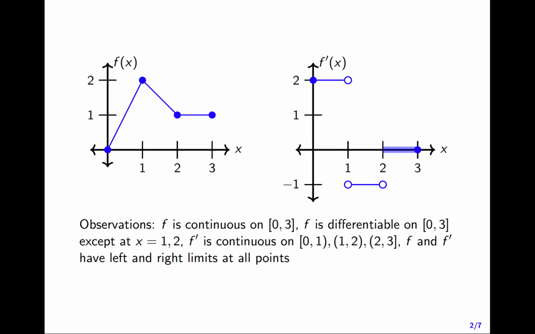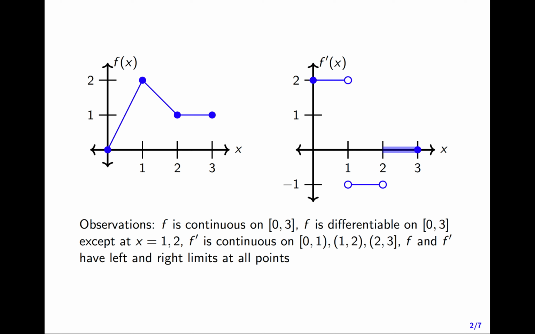f and f prime have left and right limits at all points. So you pick a number between 0 and 3. f is defined at any one of those numbers, and the limit from the left to that point x equals the limit from the right to that point x of f. That's obvious because f is continuous. f prime is discontinuous, it has jump discontinuities at 1 and at 2, so its limits don't exist at 1 and at 2, but the left and right limits totally do.